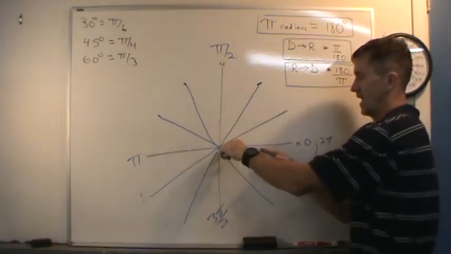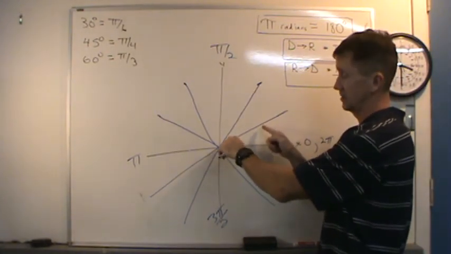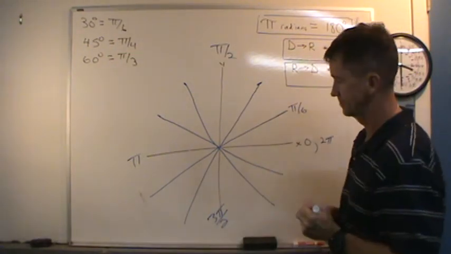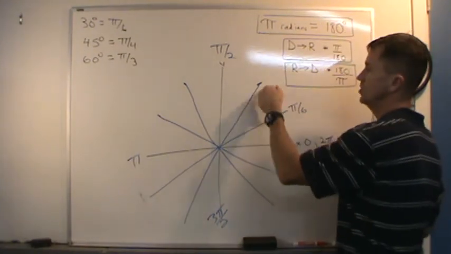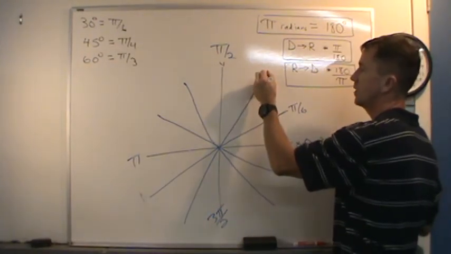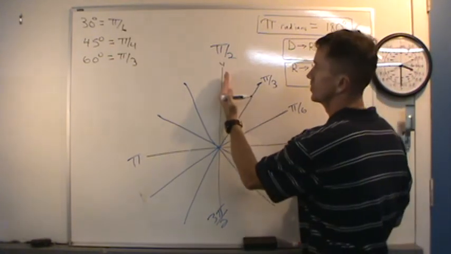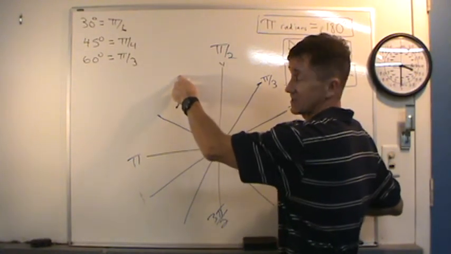Alright. Angles in standard position. Initial side right here, terminal side lands somewhere else. Let's say it was 30 degrees, which is pi over 6. Well, then this should be another 30 degrees, which would be 2 of these. 2 pi's over 6. 2 pi over 6 reduces to pi over 3. 3 pi's over 6, that's pi over 2. 4 pi's over 6.